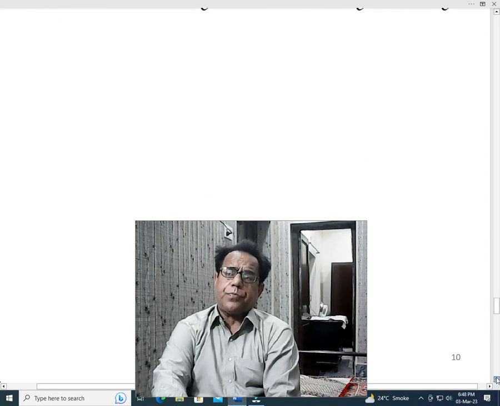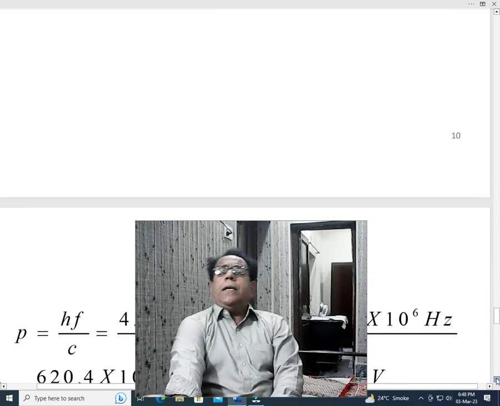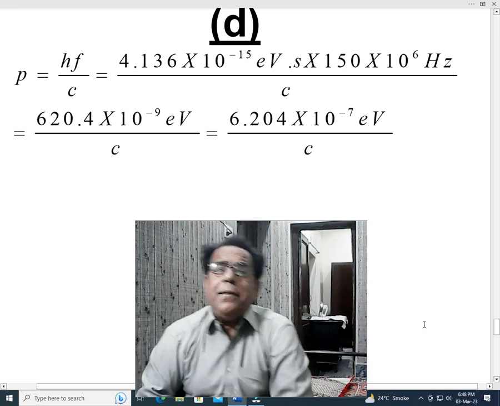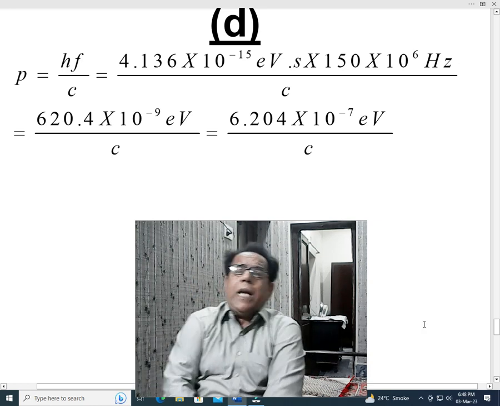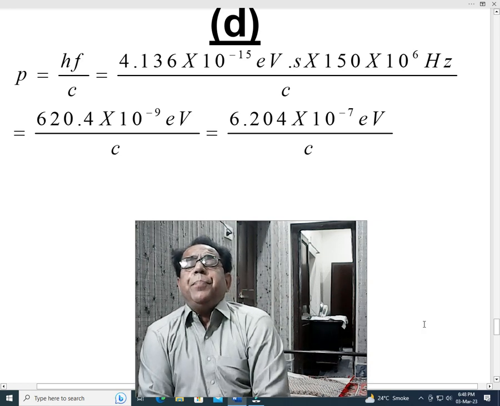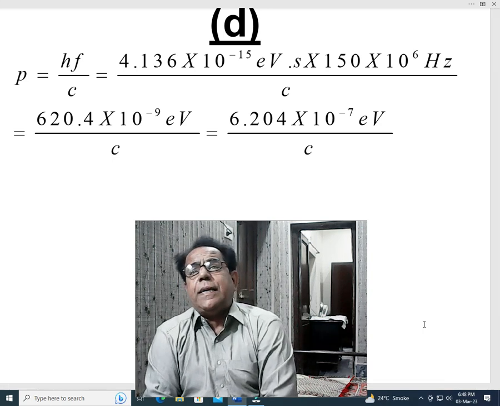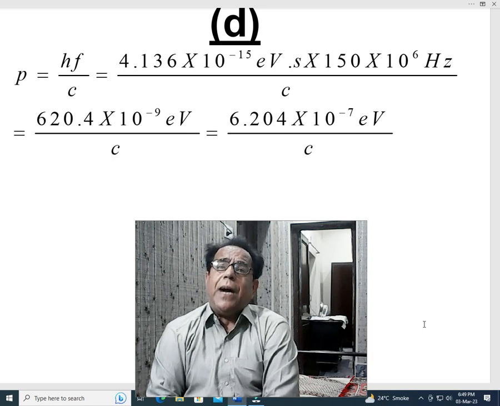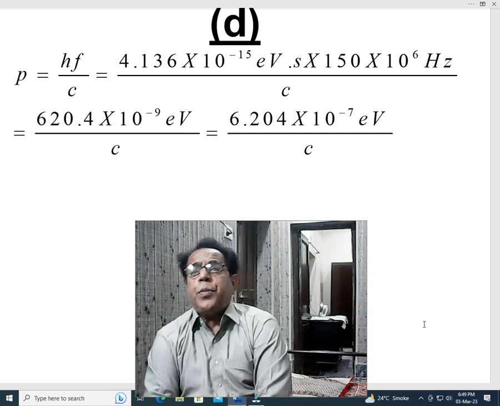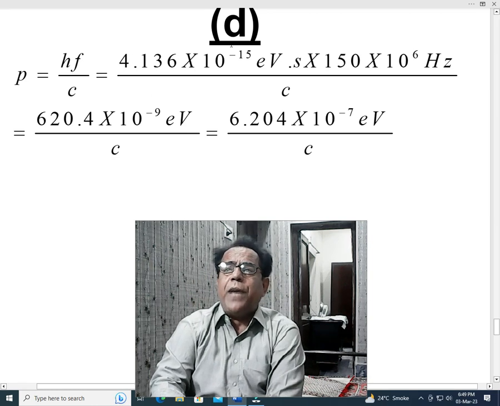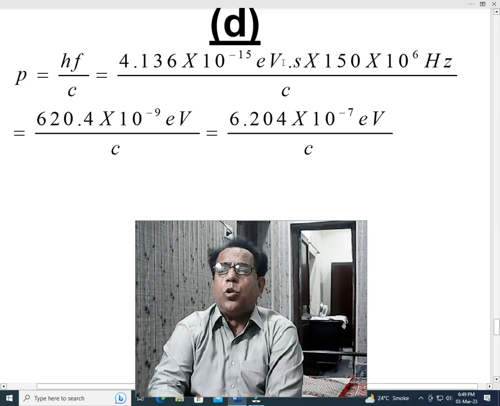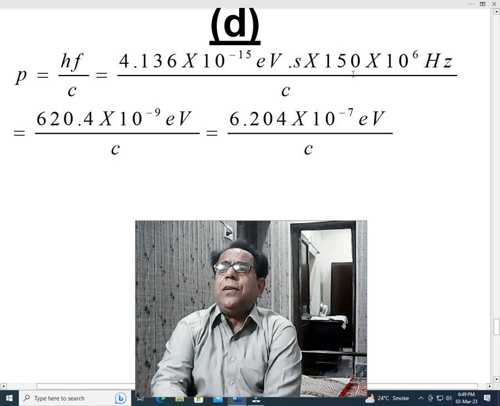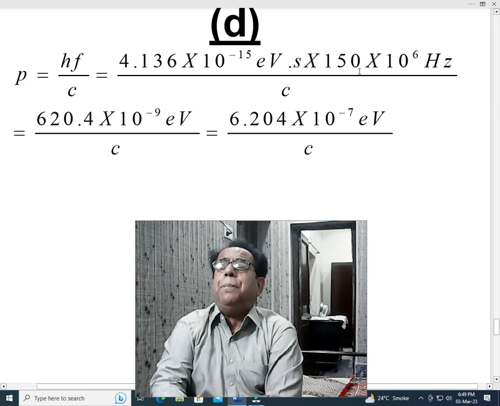Now we move to our last part, part D. Here we will use the value P is equal to HF over C, because this equivalent relation is also given in the helping tool which defines the momentum of a photon. So here this is the value of H in terms of electron volt second, and this is the value of frequency which is given as 150 megahertz.